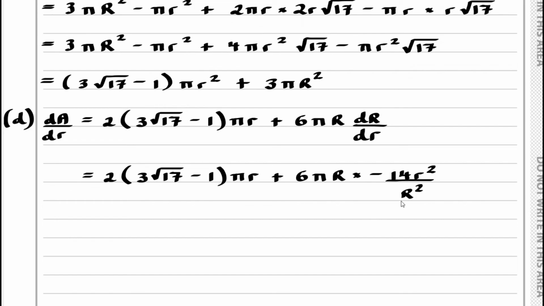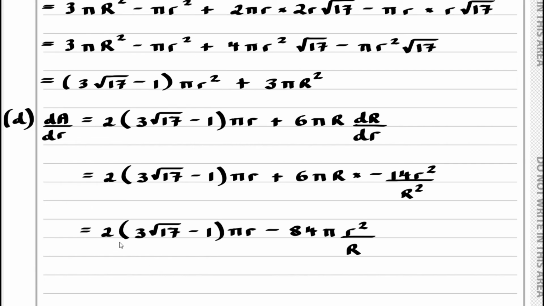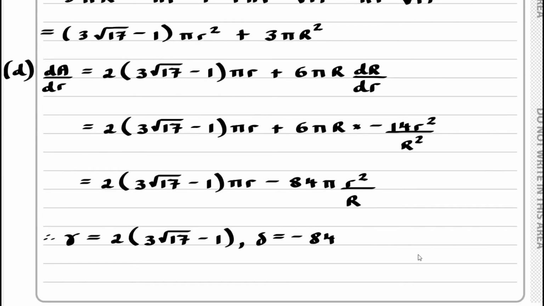So we multiply by negative 14 r squared over R squared, which will simplify to 2 multiplied by 3 root 17 subtract 1 pi r subtract 84 pi r squared over R. And therefore we can conclude gamma is equal to 2 times 3 root 17 subtract 1 and delta is equal to 84.